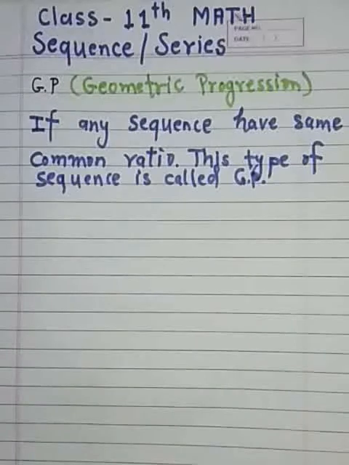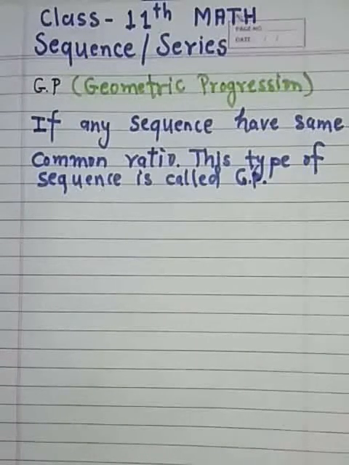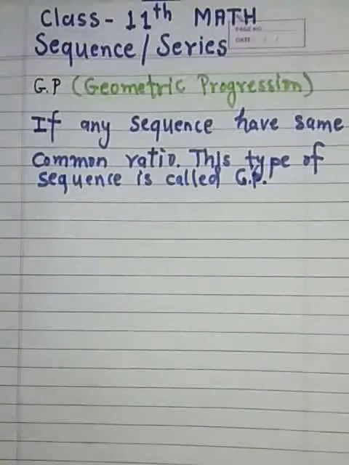This type of sequence is called GP or geometric progression. In this there is the common ratio.